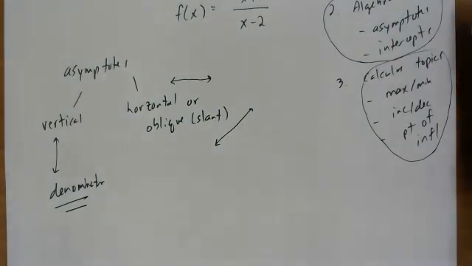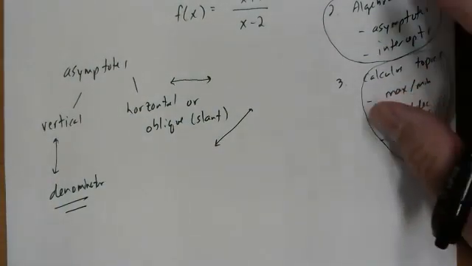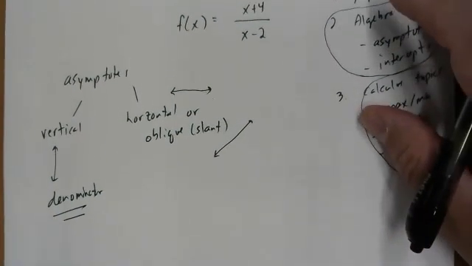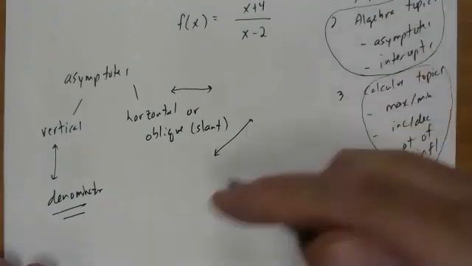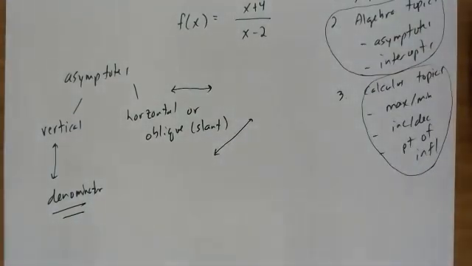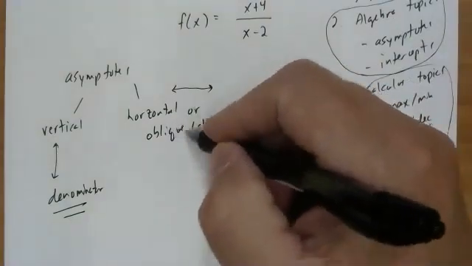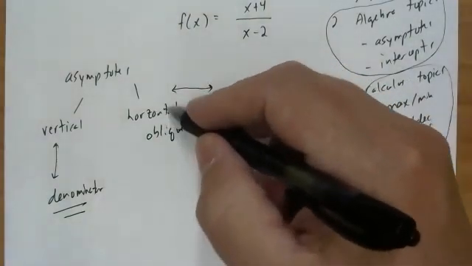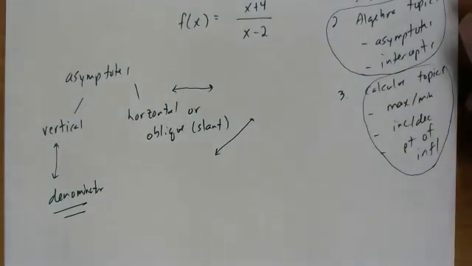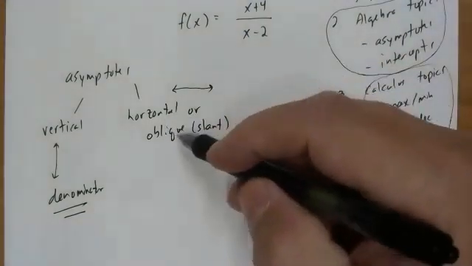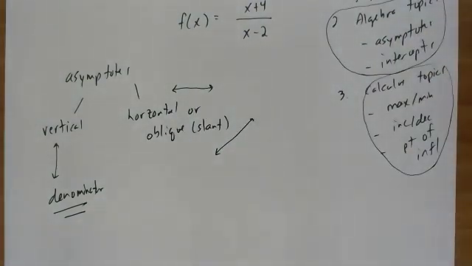Well, there's one little caveat, you'll see in a minute, but it's 98% all about the denominator. Horizontal and oblique, we'll do some examples later on. I can't summarize it in just one word.